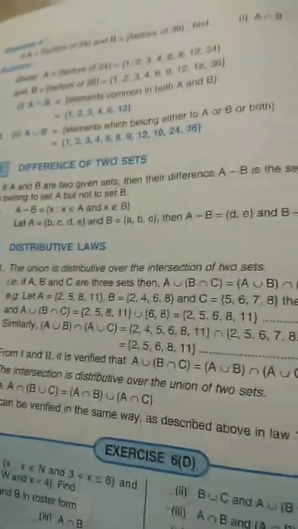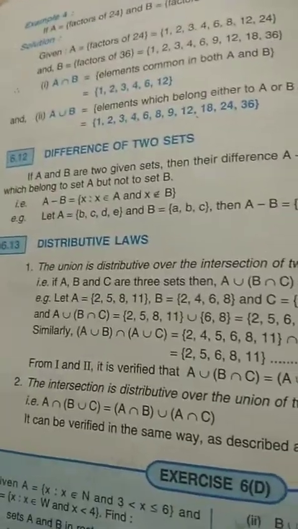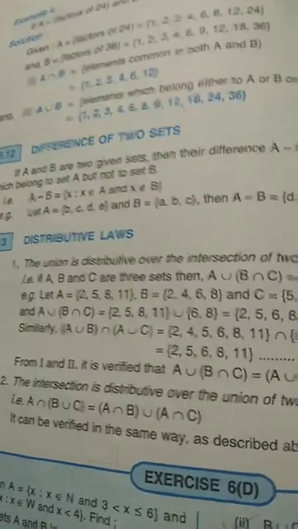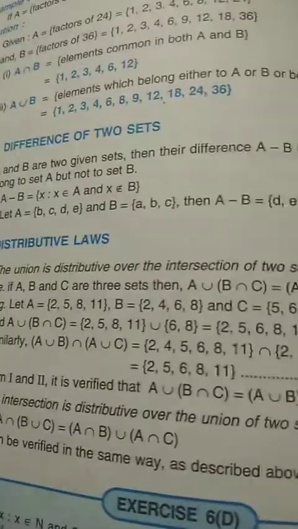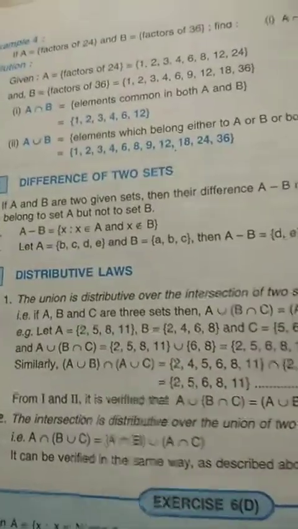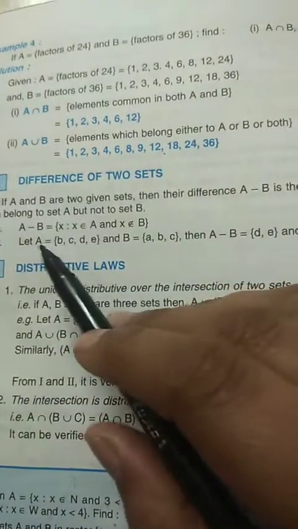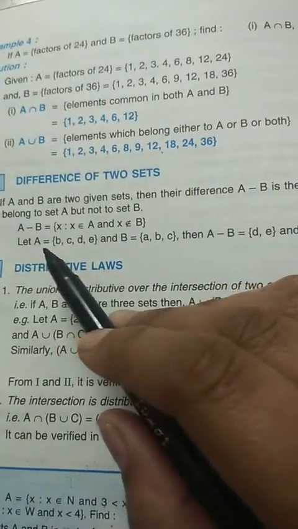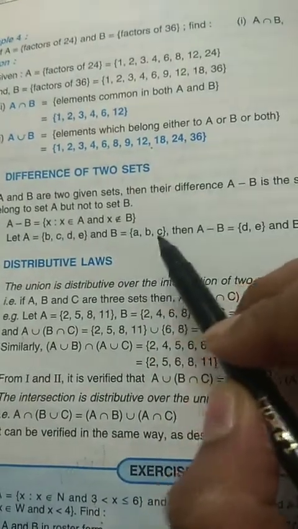Now coming to the last part, the difference of two sets. The difference of two sets means we have to subtract something. You can understand it by an example. Some elements are given for set A, and the elements of B are a, b, c.